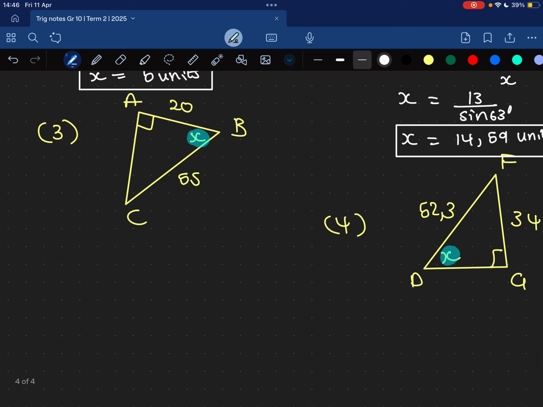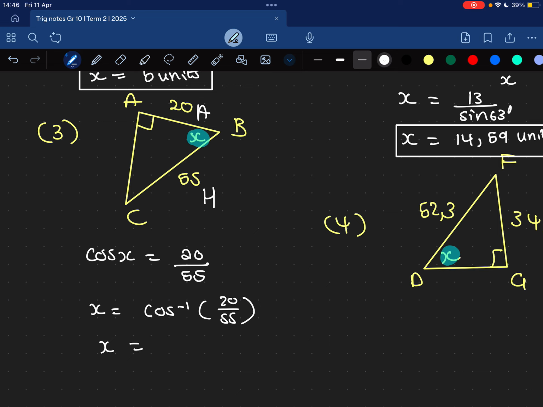Okay, now if I look here, I have x, I have the hypotenuse, and adjacent. So that's clearly going to be cos of x, which is equal to adjacent over hypotenuse. So then x is equal to arc cos of 20 over 55. So x is equal to, so shift cos 20 over 55, which is equal to 68.68 degrees.